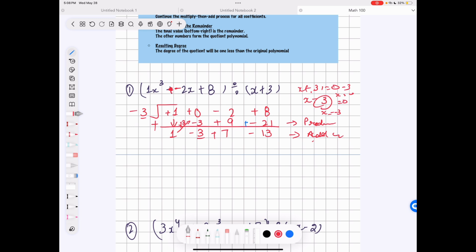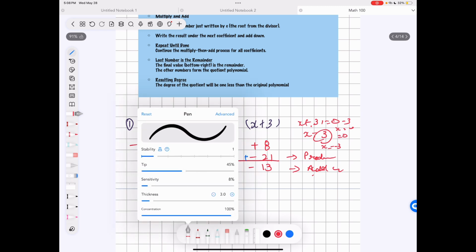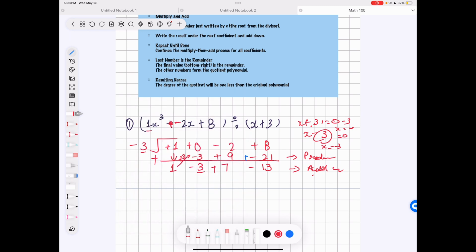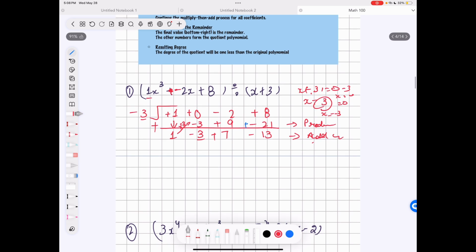And as I told you, we started with the cubic here, so it goes down to 1 because we bring 1 value down. The degree of the quotient will be 1 less than the original one.